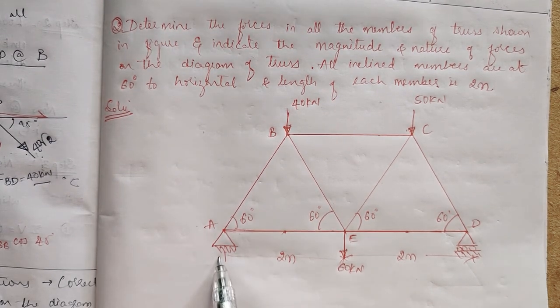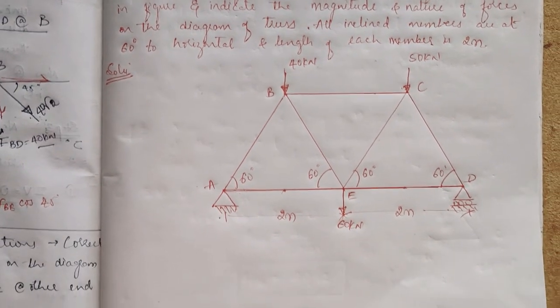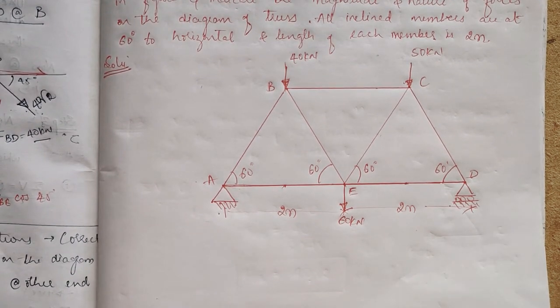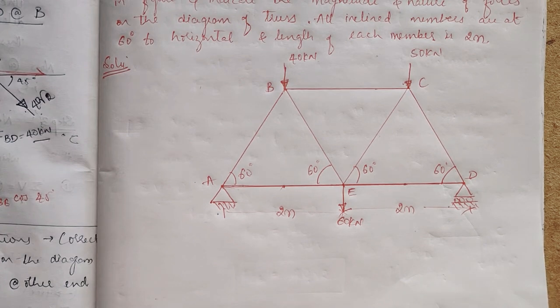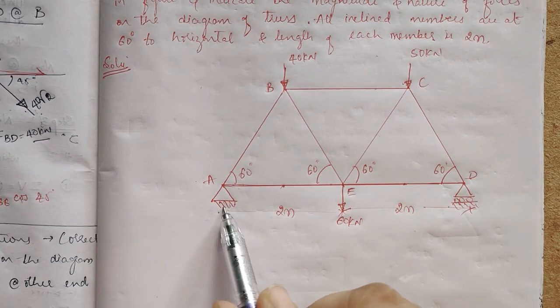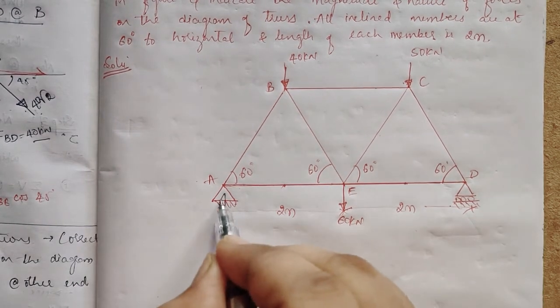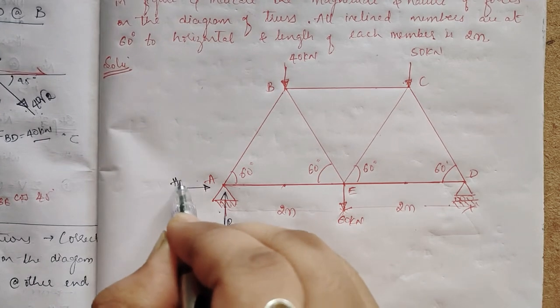So we have here a hinge reaction and we have here a roller reaction, right? Now, what was our first step? First step was to find a joint which has two unknowns, right? So if we come here to joint A, as it is a hinge support, it will have RA and HA.